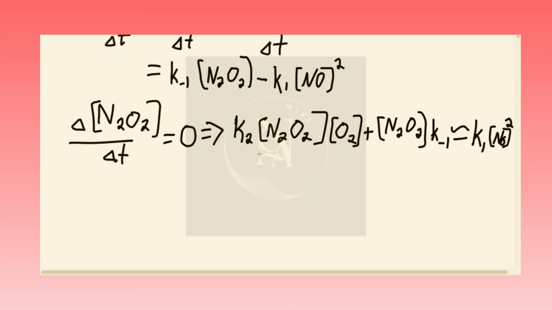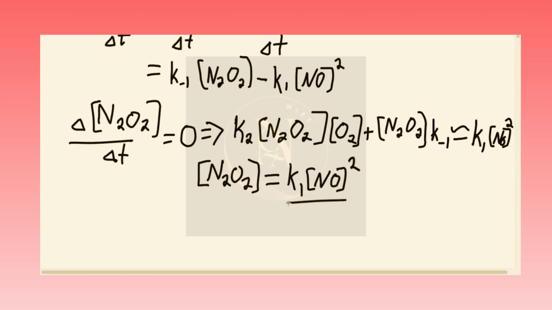Okay, that's a fair bit that we've got to take in right here, but that's okay. Let's go ahead and work through it. So let's separate out our N2O2, which is going to equal k₁[NO]² all over [O2] times k₂ plus k₋₁.